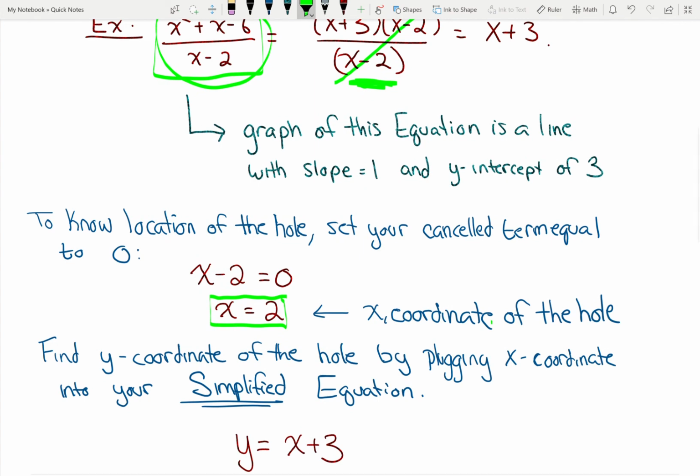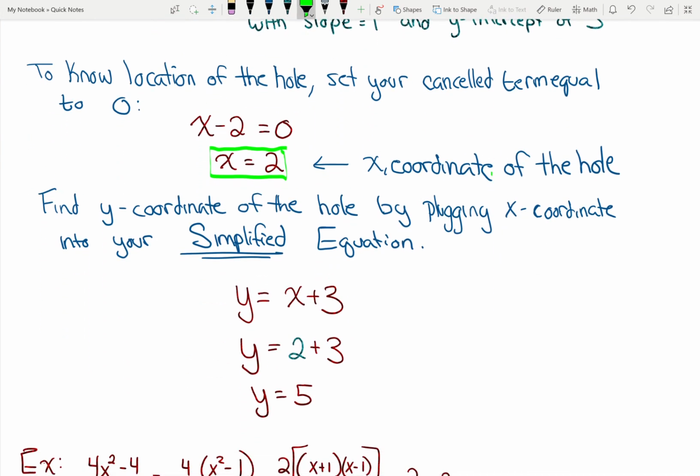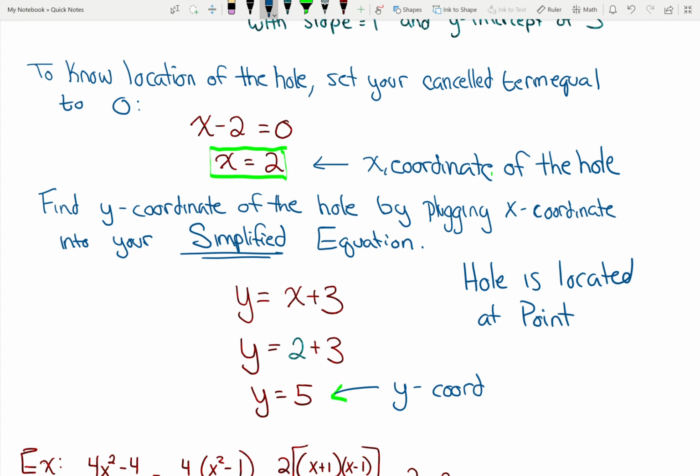So we're going to plug 2 into x plus 3, and we'll find out that the y-coordinate of the hole is 5. This means the hole is located at, let's see, x was 2, y was 5.